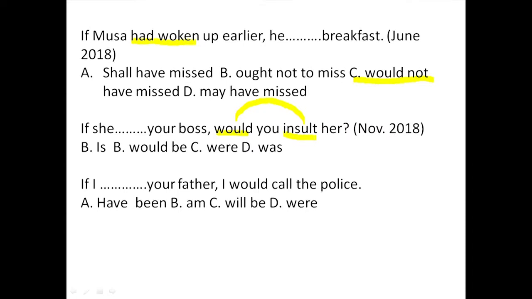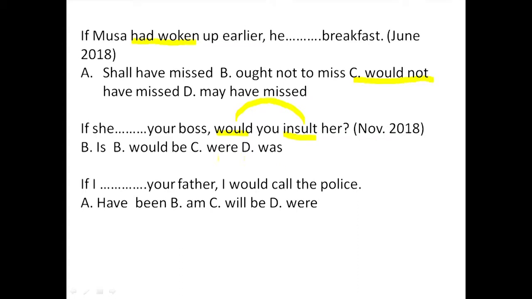So this kind of tense has given us a clue about what? About condition 2. Condition 2, under the if aspect, we require past tense, and under the consequent clause, what? We require the would, only the would and verb, like that. So here, if she dash your boss, would you insult her?